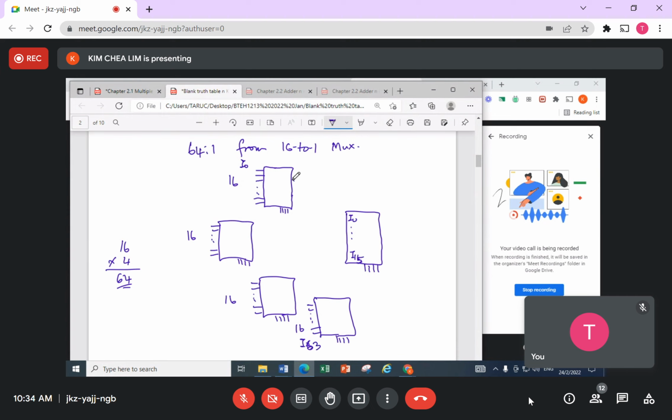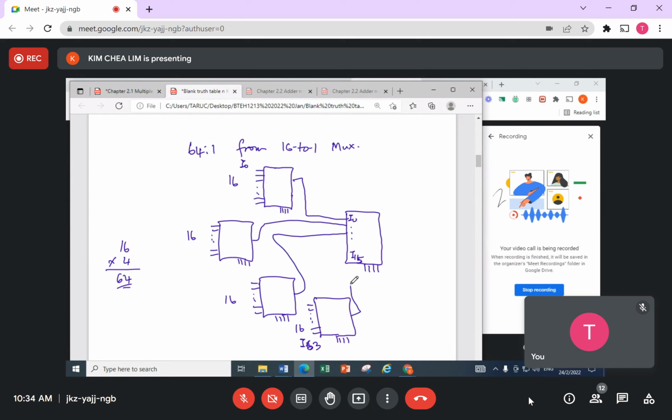So you find that this output goes to the first one. This output goes to the second one. This one goes to the third one. This one goes to the fourth one, go to your I3 only. Then what about the rest, the I4 up to the I15?